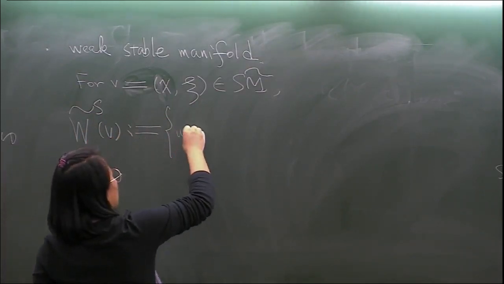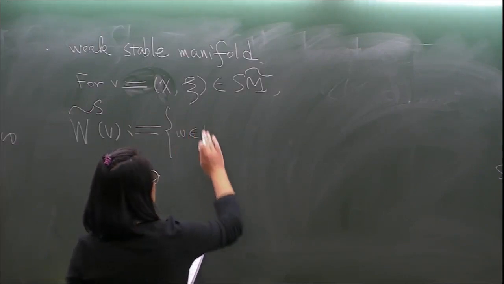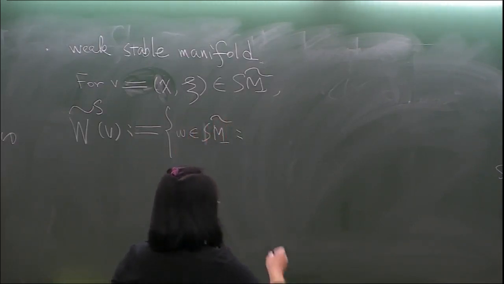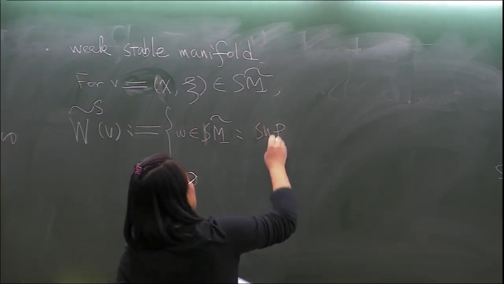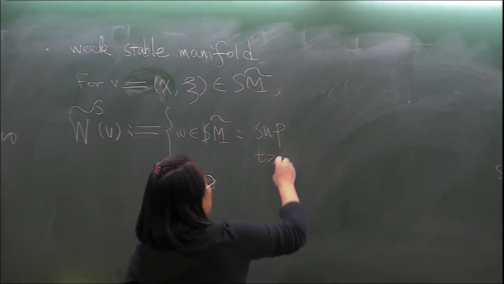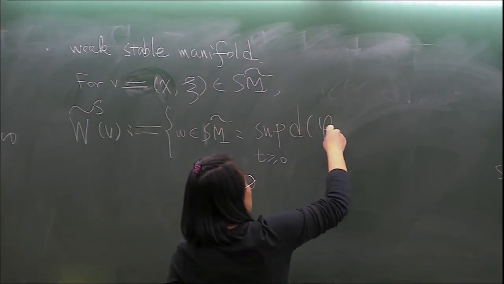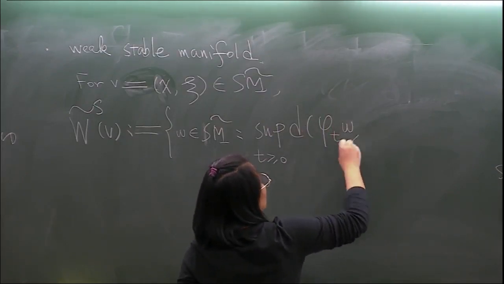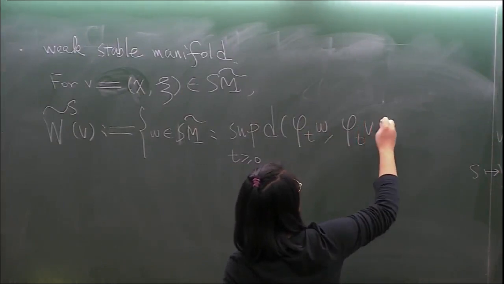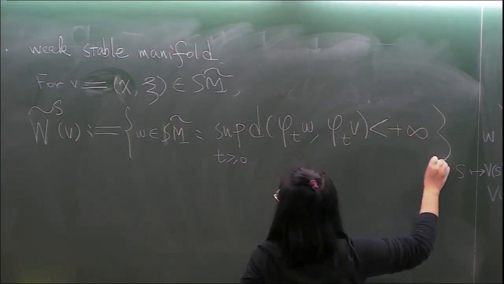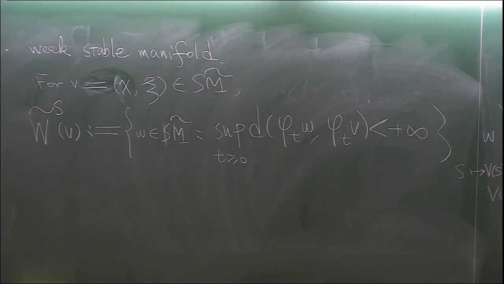So you have ω, which belongs to SM tilde, such that the supremum over t greater than 0 of the distance between φ_t applied to ω and φ_t applied to v is bounded. Okay, so this is the weak stable manifold.